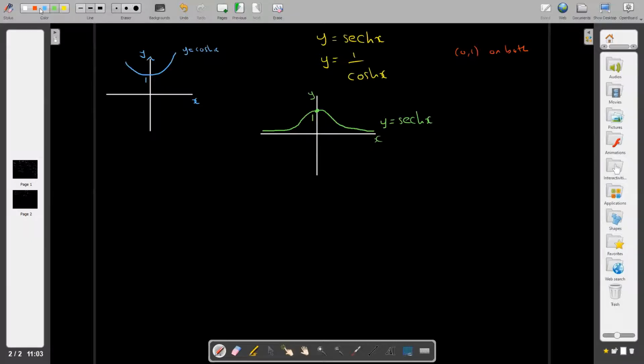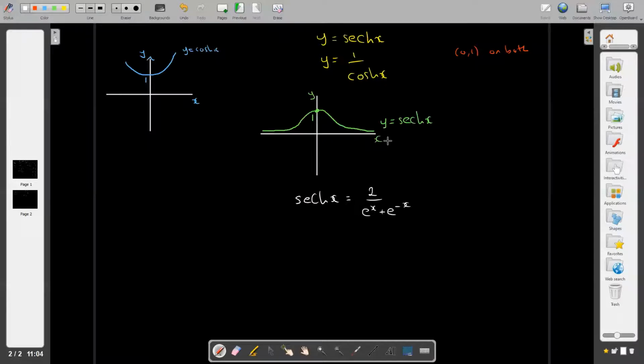Okay, it's probably worthwhile having a look at how we might look at this from an exponential point of view. So I will write that now. The definition of sech x is equal to 2 over e to the x plus e to the minus x.